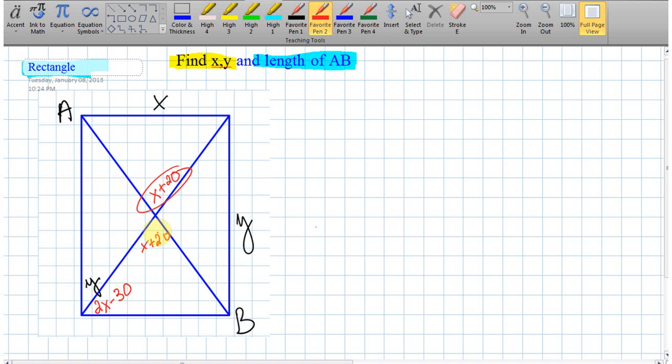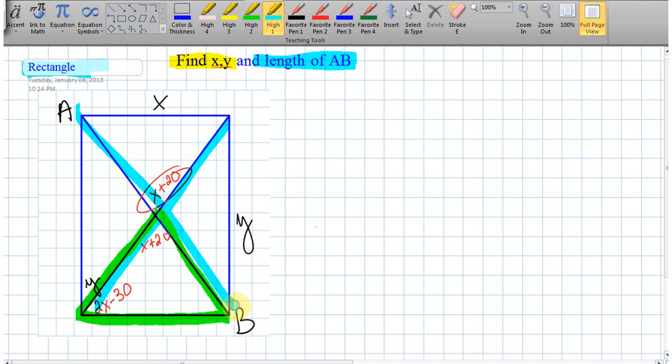That's nice because now I'm starting to see a little triangle pop up in here, and I know 2 out of the 3 angles. And so if you keep on thinking about the properties of a rectangle, hopefully it just snaps right into your brain that the lengths of these diagonals, not only are they congruent, but the diagonals also bisect each other.